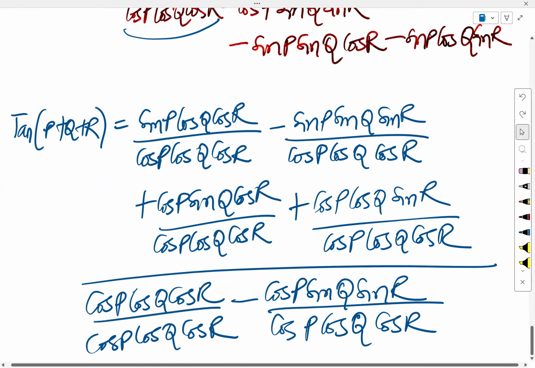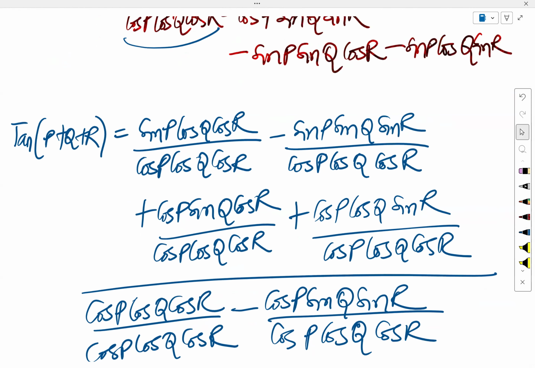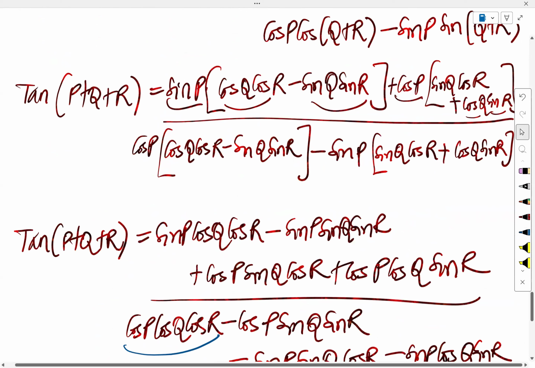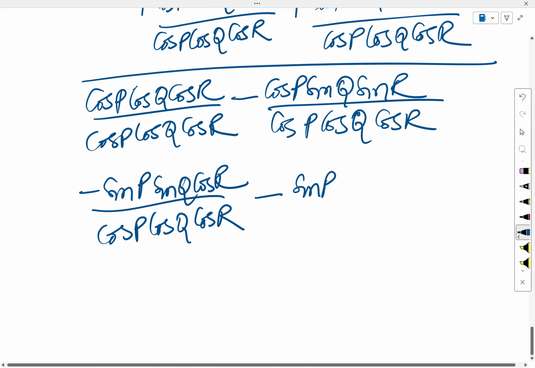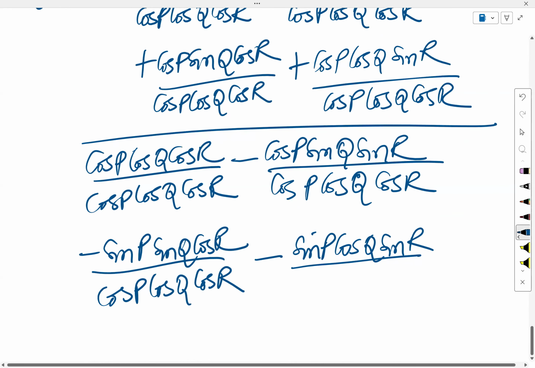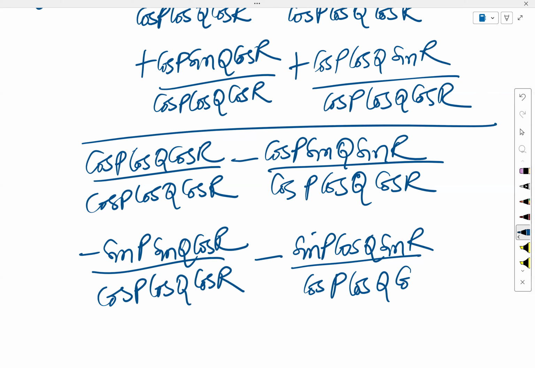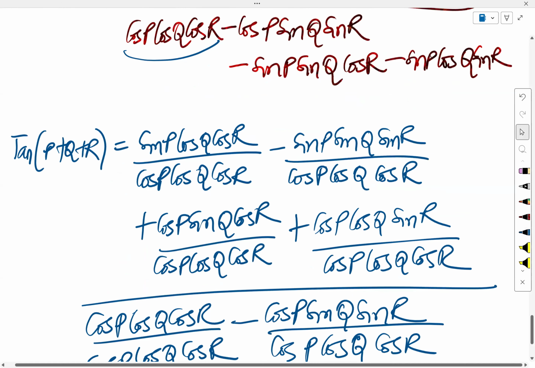So that's minus sine P sine Q cos R divided by cos P cos Q cos R. And then lastly, we have sine cosine, so minus sine P cos Q sine R all over cos P cos Q cos R. We expected this lengthy thing, but it's cool if you can just follow it through.